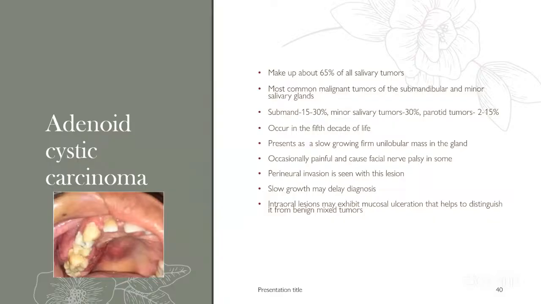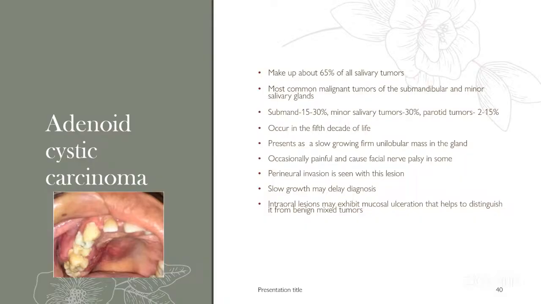So moving on to the malignant tumors, the most important of which is adenoid cystic carcinoma. As we have discussed before, clinically there will be ulceration, and pain can be there. This is one of the most common malignant tumors of the submandibular and minor salivary glands. Unlike a typical malignant tumor, it has a relatively slow growth, and thus it mimics a benign tumor clinically, but is occasionally painful.